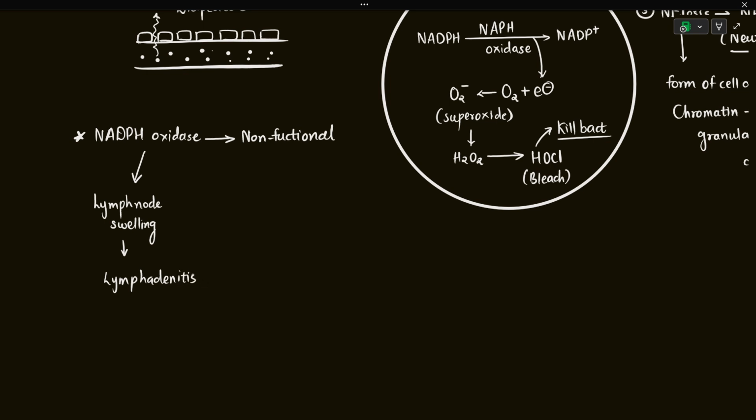Whenever there's the suffix itis, it means inflammation. So lymphadenitis means inflammation of the lymph nodes. The non-functionality of NADPH oxidase is going to result in lymph node swelling.